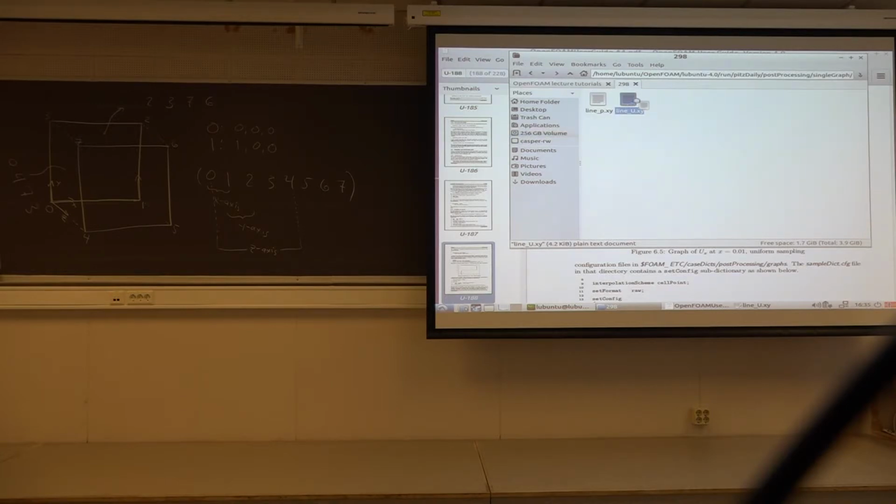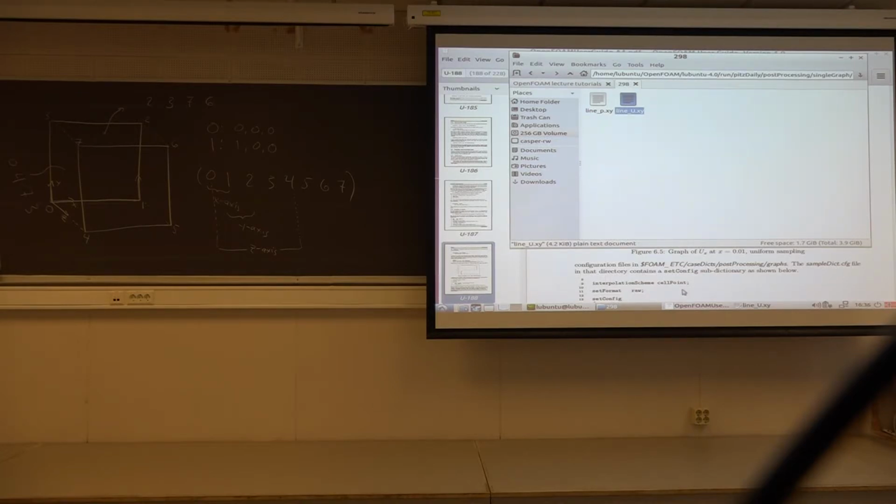So anyway, it's just a plain ASCII file, so that one can be copied around. And loading it into MATLAB, we'll see how that is done later. You just actually write load and then the file name in MATLAB. Then it will load the entire content of that data file into one single matrix, and then it can easily be plotted.